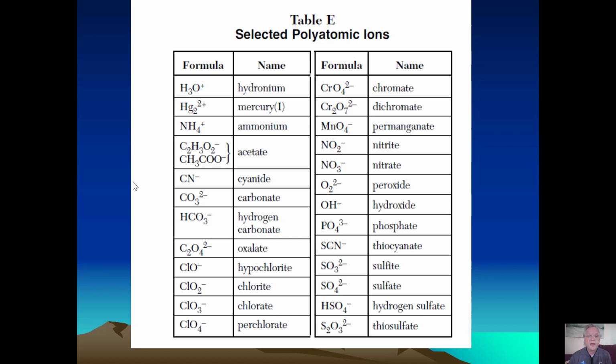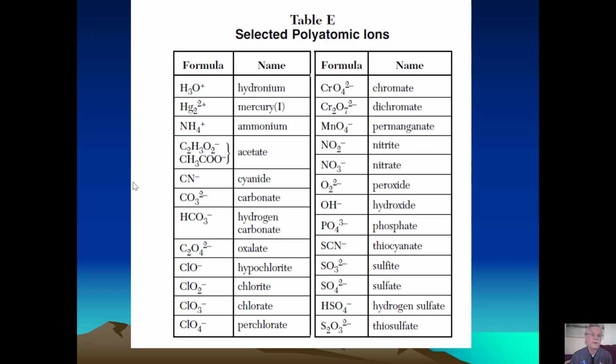If you have a compound with 3 or more elements in it, go to this table. Chances are you'll be able to name the compound found here. It's not anything that you have to memorize. This is where you should go. I know that the video that I posted yesterday covered some of these. Just be aware that this exists.